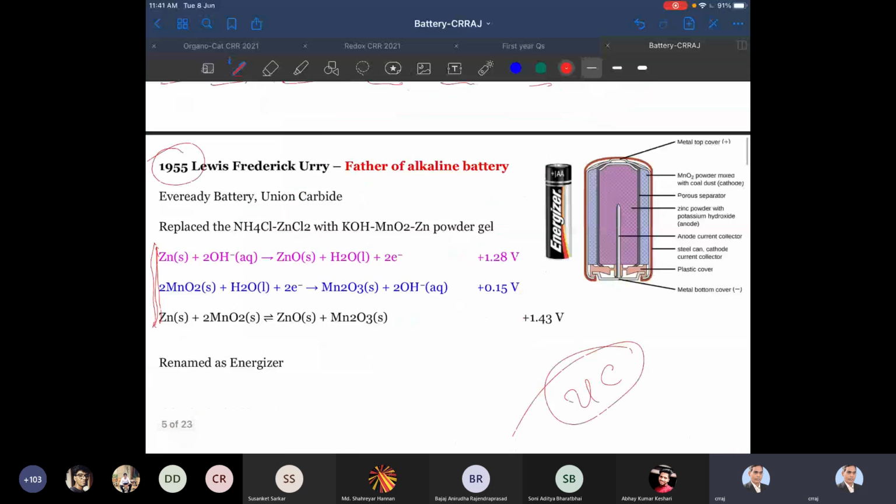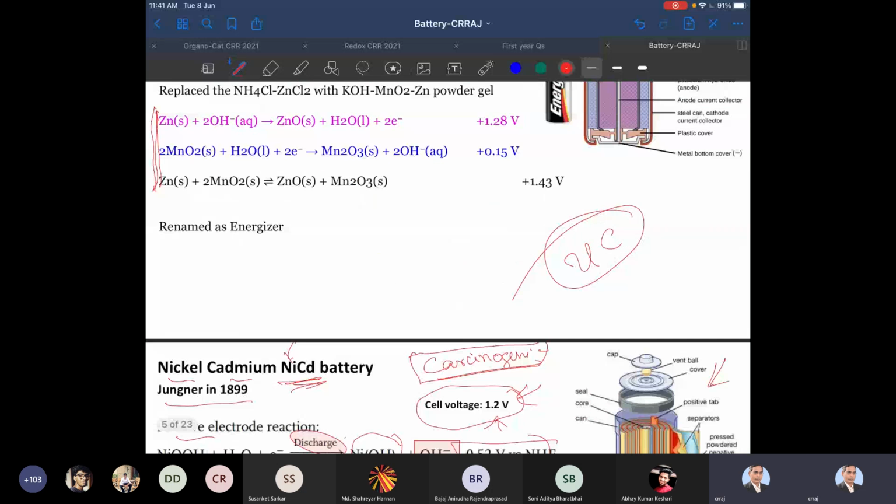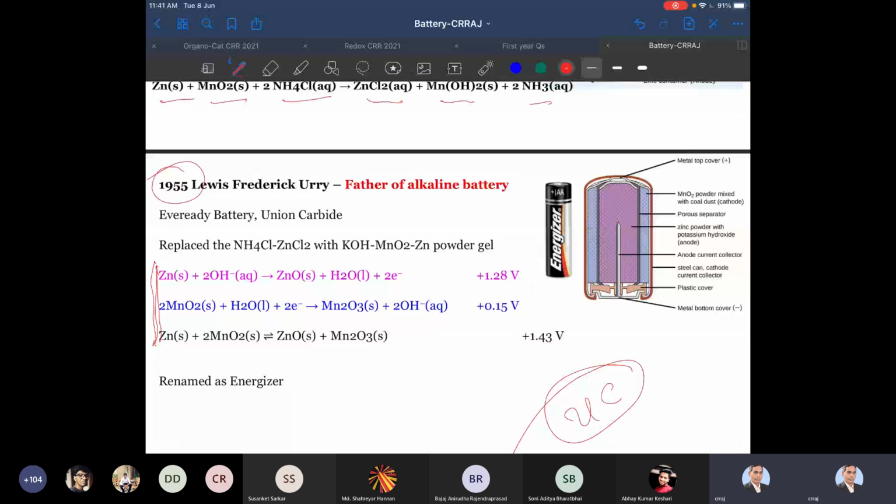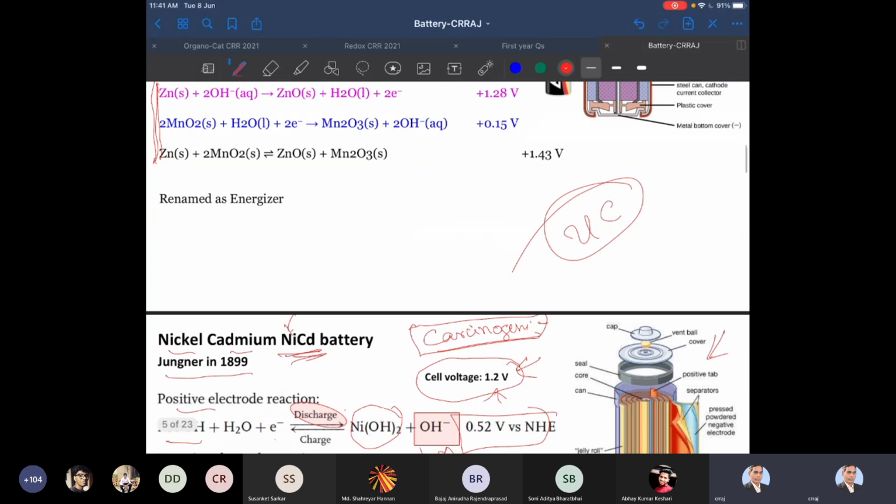What I have explained is one primary battery, that is basically the alkaline battery, and another one is the secondary battery, that is the nickel cadmium battery. What you need to understand is the redox reaction involved, what the electrolytes are, what the cell potential is, and so on. That's all about the batteries.